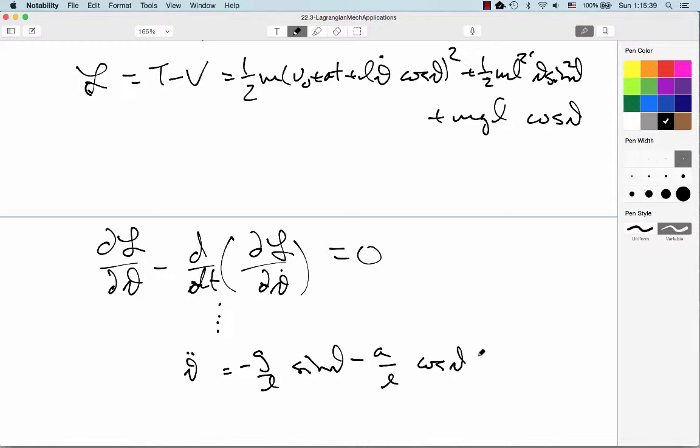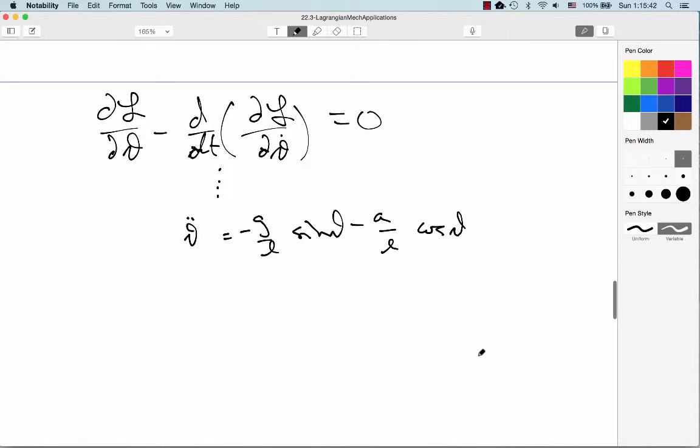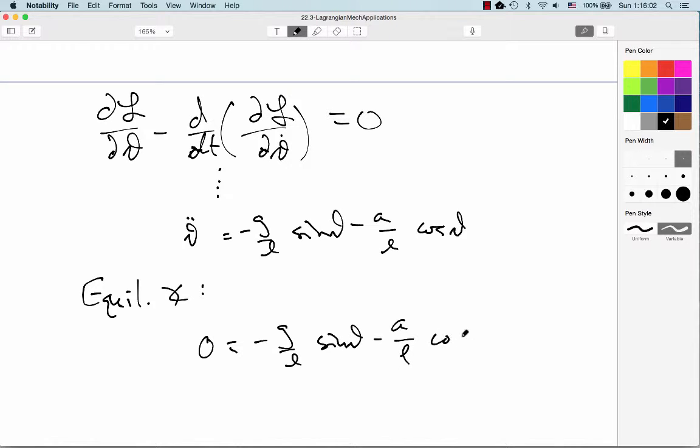So we can find our equilibrium angle. We would demand that theta double dot be equal to 0 there. So minus g over L sine theta minus a over L cos theta equals 0. We can just multiply both sides through by L, make that go away.